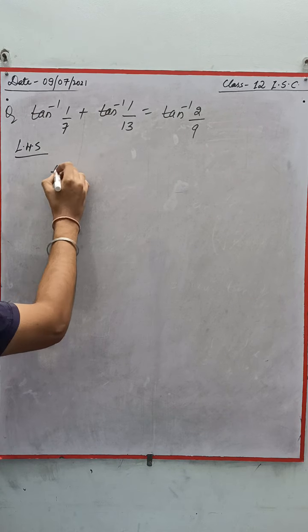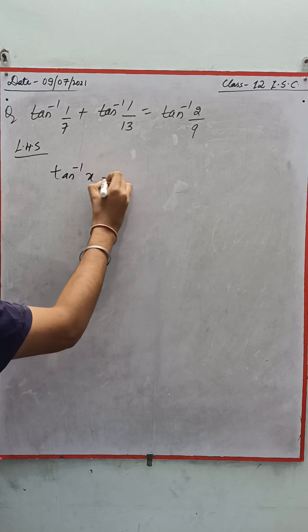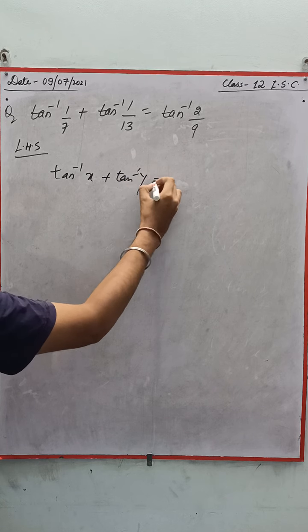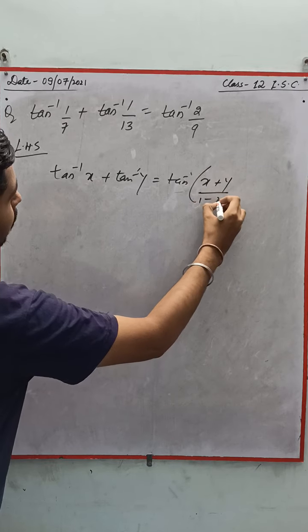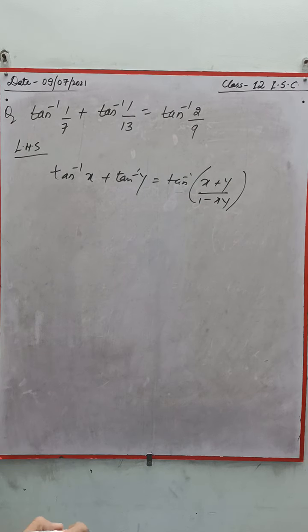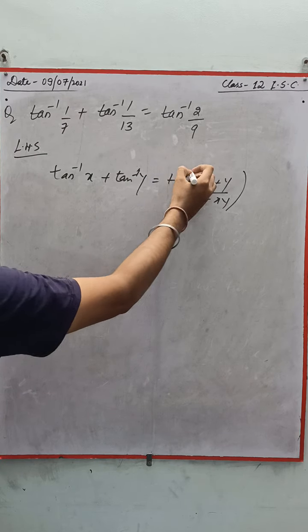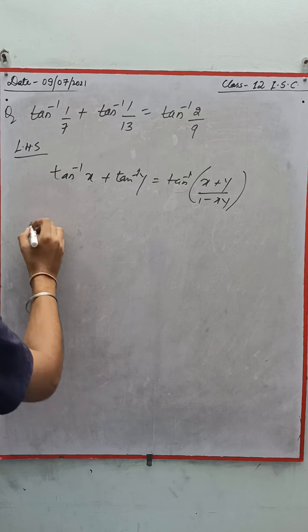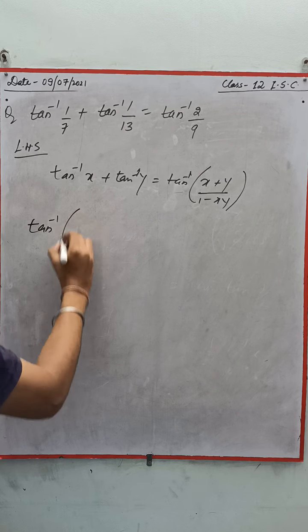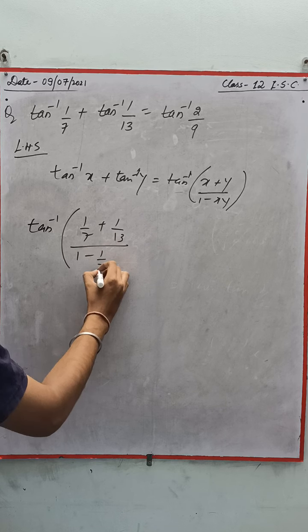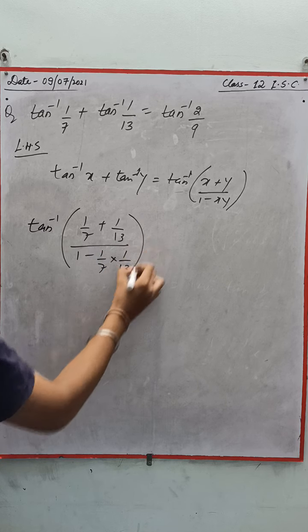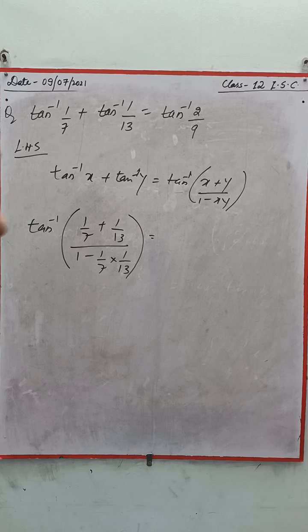We know by the identity that tan inverse x plus tan inverse y is equal to tan inverse of x plus y upon 1 minus xy. So using the identity here, we can say tan inverse of 1 upon 7 plus 1 upon 13, upon 1 minus 1 by 7 into 1 by 13.